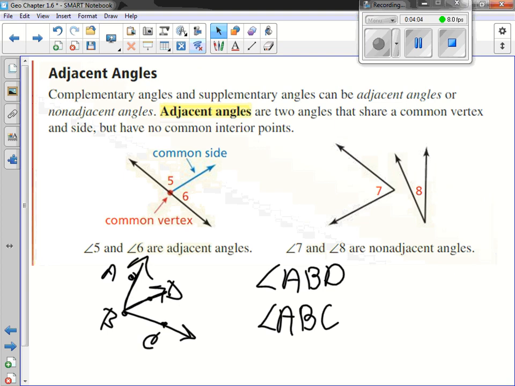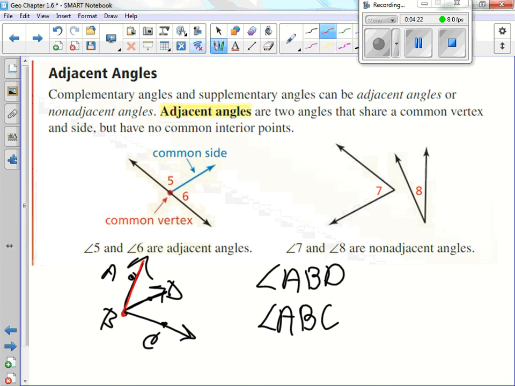So that little drawing I added down at the bottom, ABD and ABC, would those be adjacent angles? So what's ABD? ABD is this angle right here. ABC, do those have common interior points? Yes, so would they be adjacent?